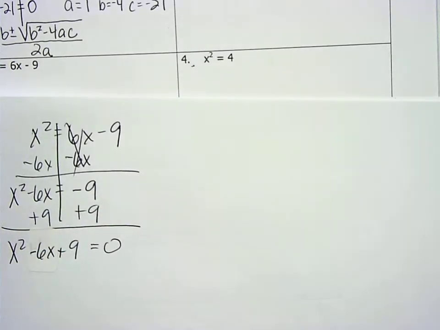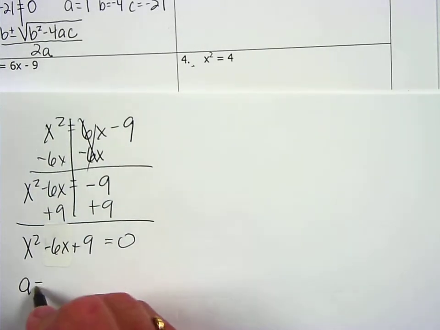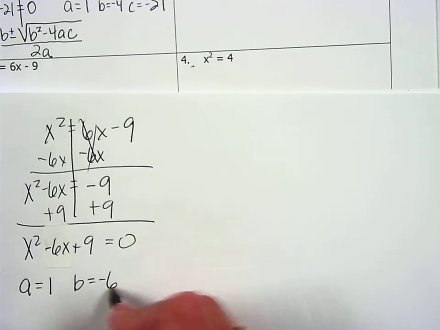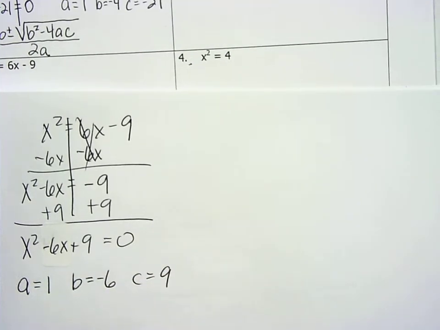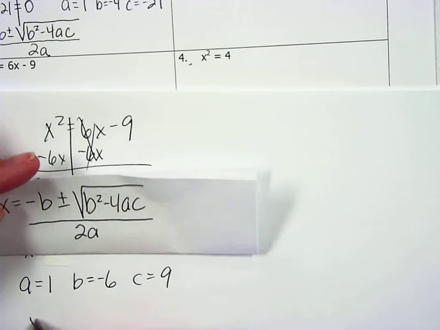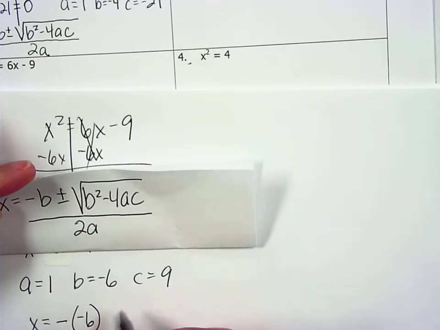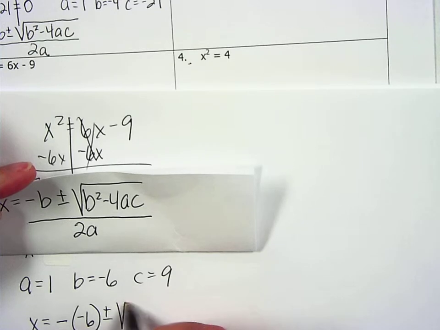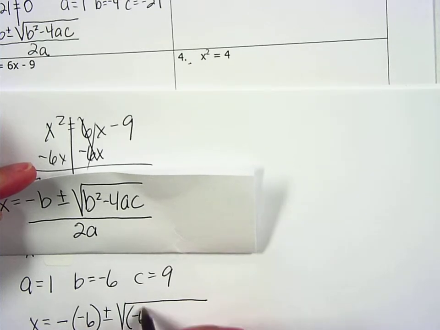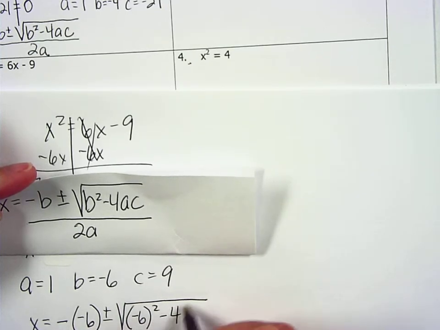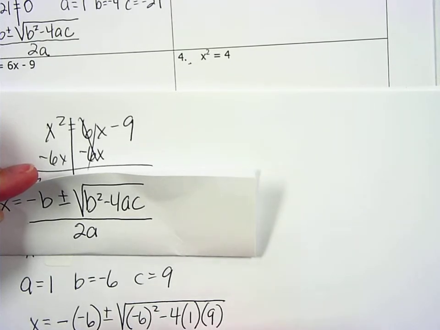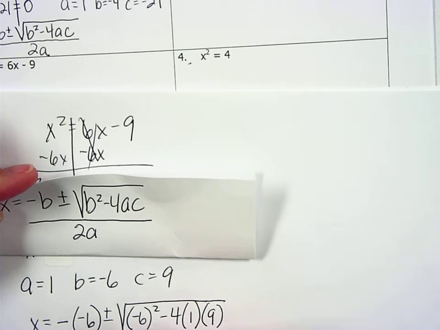Okay, and I'm going to identify A, B, and C. Quadratic formula. X equals negative B, which is already negative, plus or minus square root B squared minus 4AC all over 2 times 1.